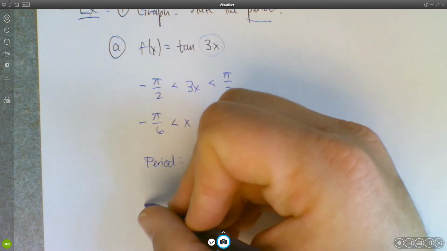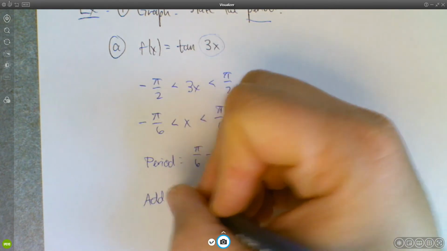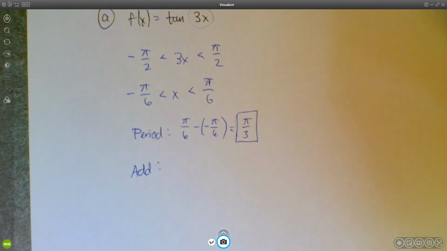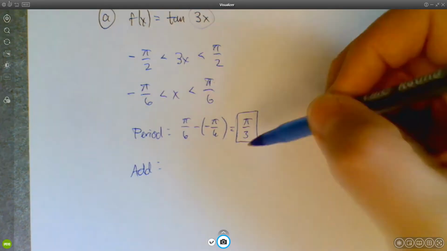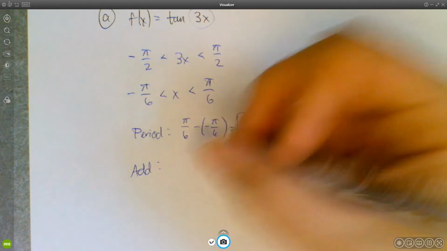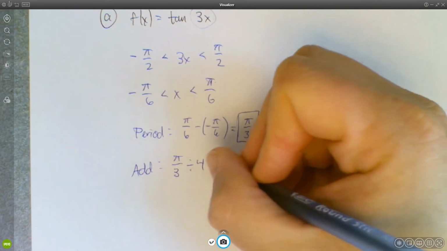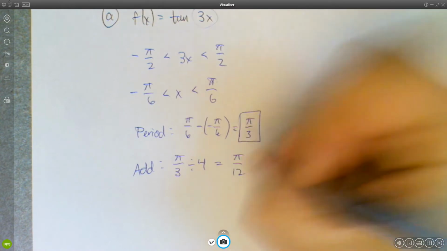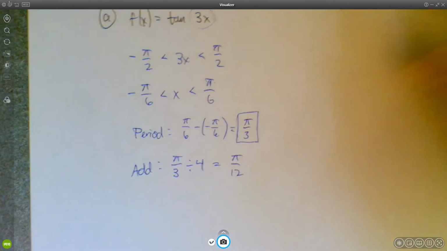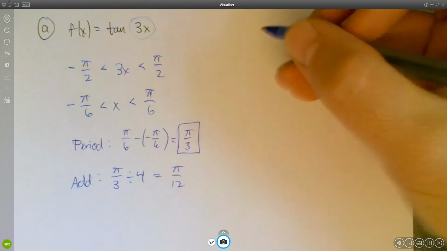So then if you're thinking about what to add, you should divide this period into 4 parts. Okay, so we're going to divide pi over 3 by 4, and we would get pi over 12 doing that. So let's make our little table of values now.